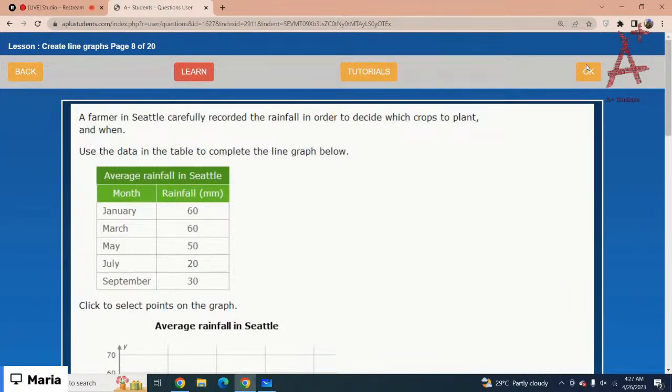Okay, the next one is a farmer in Seattle carefully recorded the rainfall in order to decide which crops to plant and when. Use the data in the table to complete the line graph below. So the values are 60, 60, 50, 20 and 30.